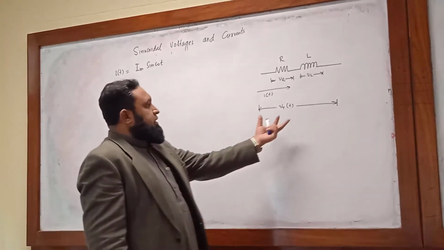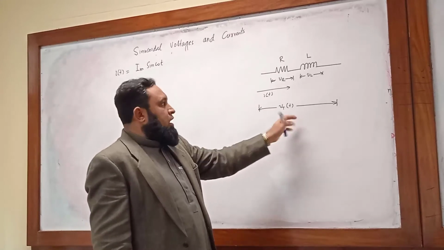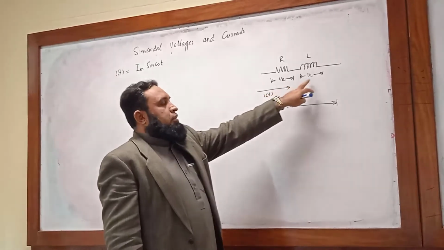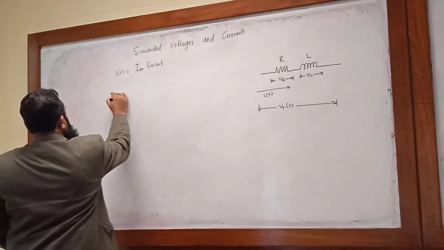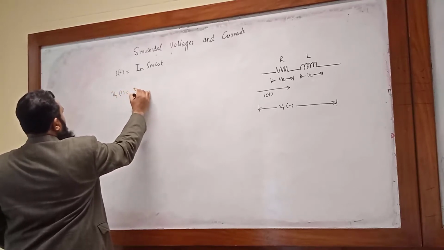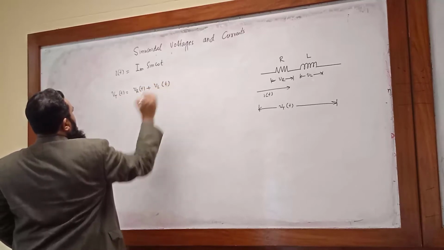So the total voltage, regarding Kirchhoff's voltage law, is equal to the voltage across the resistance VR and the voltage across the inductance. So we can write this as Vt of t is equal to VR of t plus VL of t.